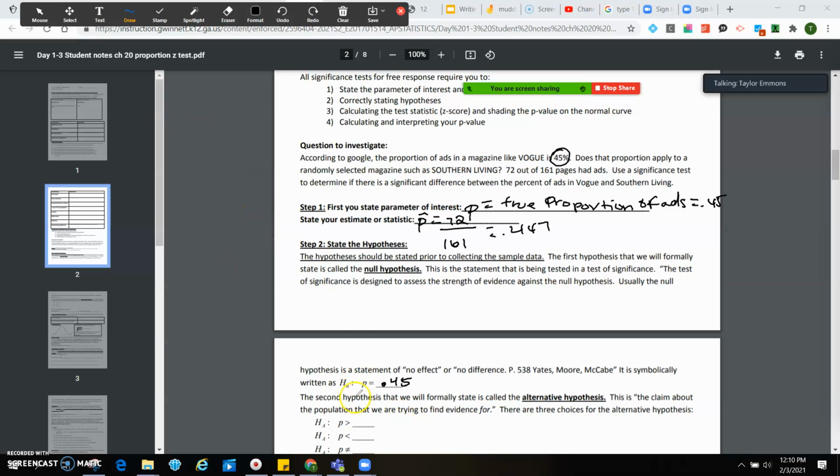We're going to do this one as our alternate hypothesis. So either Southern Living does have 0.45 or they don't, right?